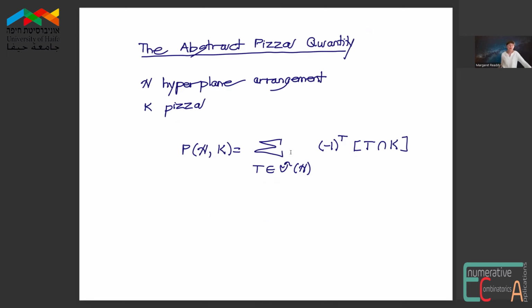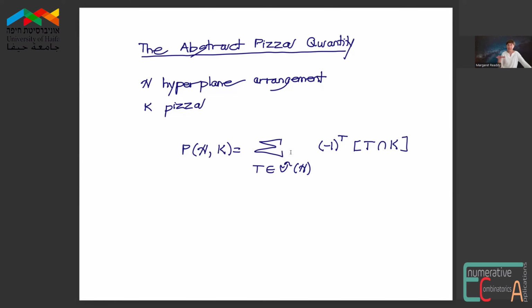So now, given this more abstract setting, let's define the abstract pizza quantity. H is a hyperplane arrangement. I haven't said anything about Coxeter at this point. K is a pizza. I'm using this very loosely now because I don't want to have to say all these qualifications. So again, we have our chambers in our hyperplane arrangement.